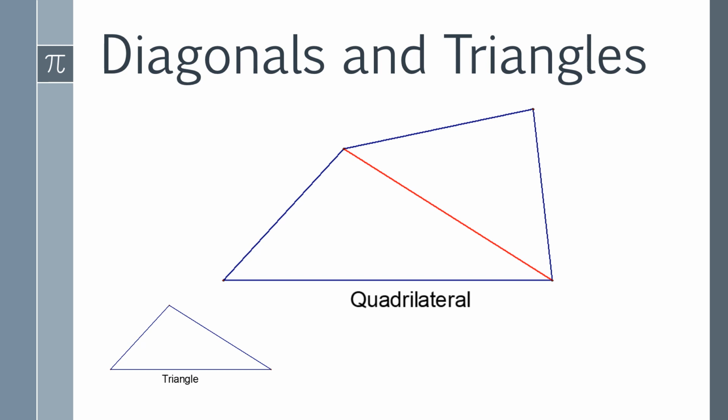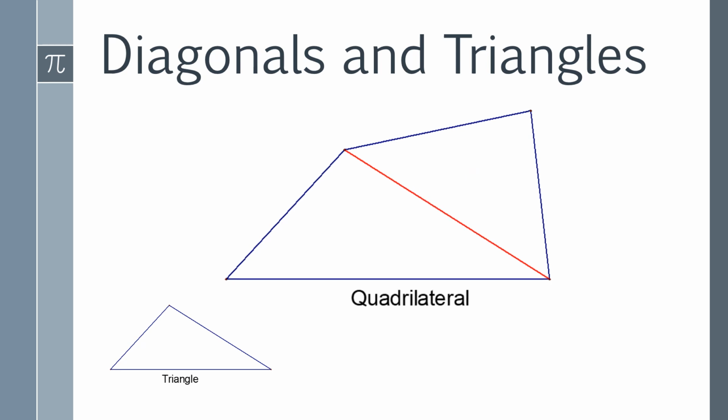So now I have a quadrilateral, and you'll see here that if I start at this vertex here, I can only create one diagonal. But in creating that one diagonal, I end up with two triangles. Let's move on.